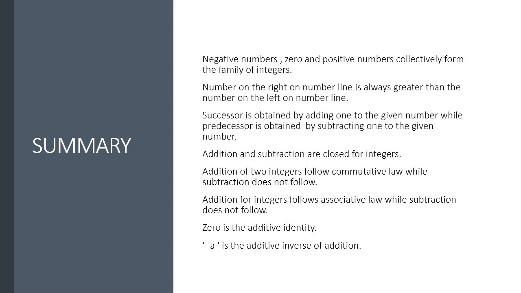Addition and subtraction are closed for integers. Addition of two integers follows commutative law, but subtraction does not follow. Addition for integers follows associative law, while subtraction does not follow the associative law. 0 is the additive identity and minus a is the additive inverse of a.